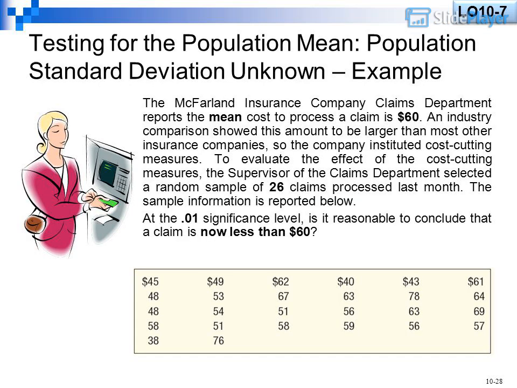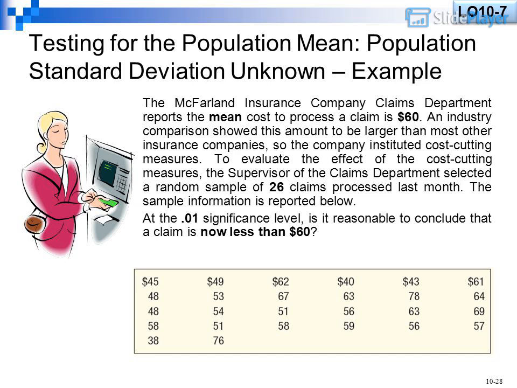LO10-7. Testing for the population mean, population standard deviation unknown. Example: the McFarland Insurance Company Claims Department reports the mean cost to process a claim is $60. An industry comparison showed this amount to be larger than most other insurance companies, so the company instituted cost-cutting measures.